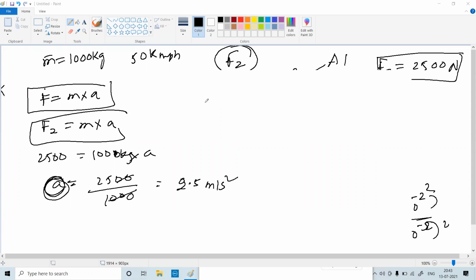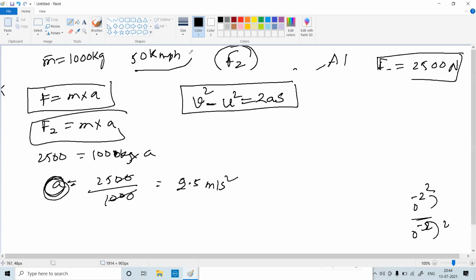So now let us apply Newton's laws of motion: V square minus U square is equal to 2aS. You know that the initial velocity of the car was 50 km per hour, so U is equal to 50 km per hour.